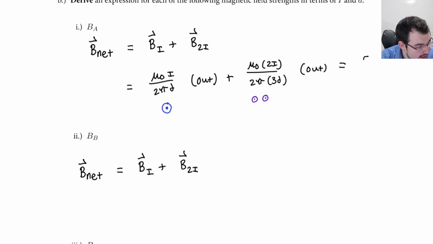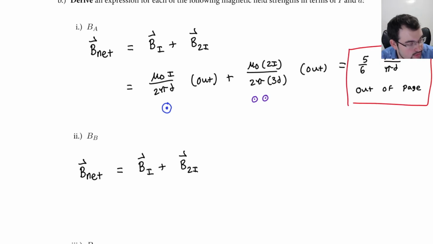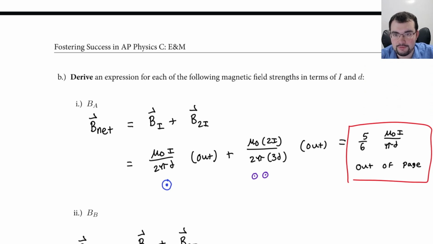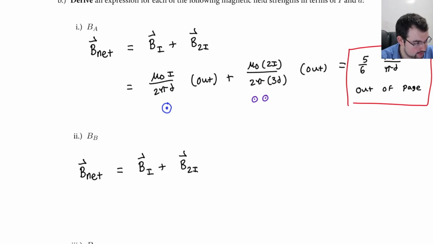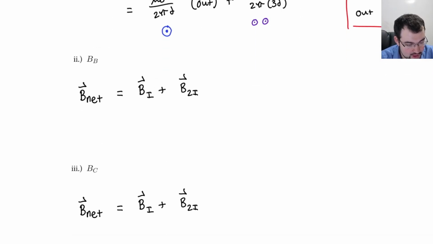So we get 5/6 mu naught I over pi D. And this does have a direction, so it is out of the page because we get circle plus circle, which is of course going to be circle. 5/6 mu naught I over pi D. And allegedly this should be in the middle. This was like our middle ranking because the field's added, but we could do better.